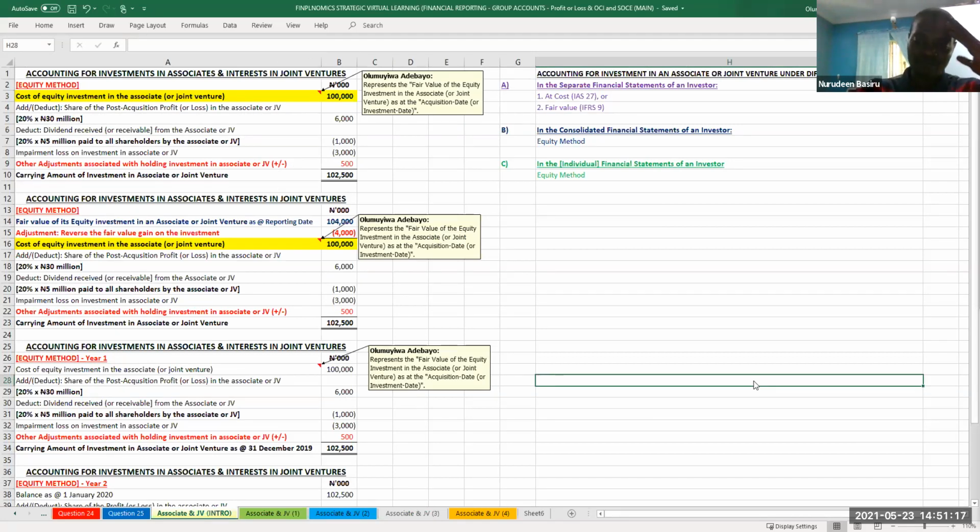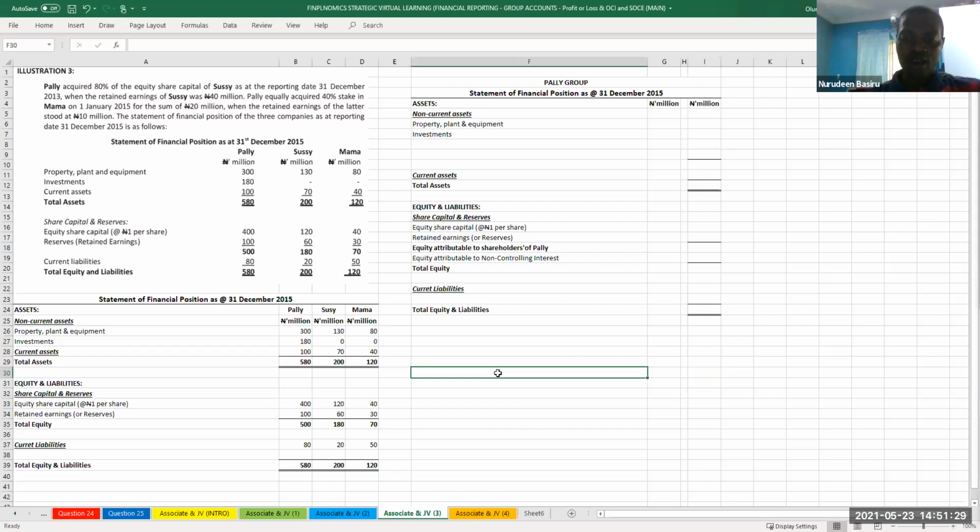Another thing is, based on the question you gave us to work with yesterday, I discovered that there is alignment with the principle we've learned on business combination, which is how we account for goodwill, which you expect us to marry with the knowledge we acquired yesterday with respect to treatment of investment in associates and joint ventures.